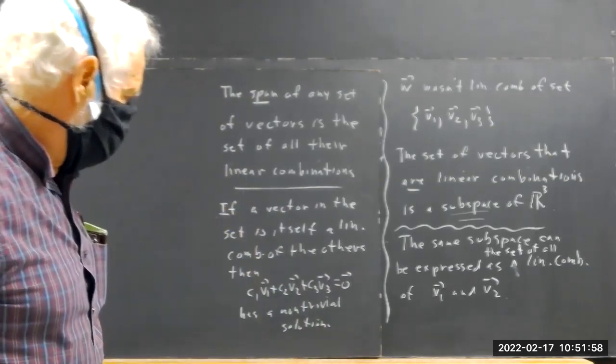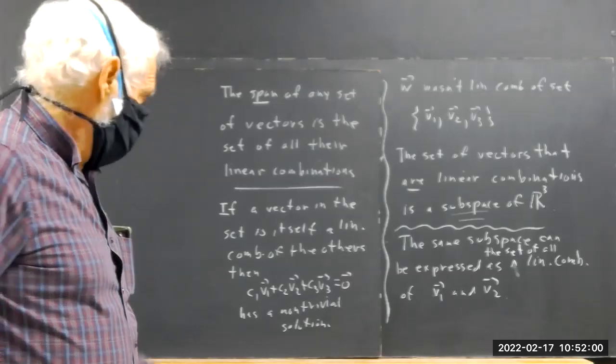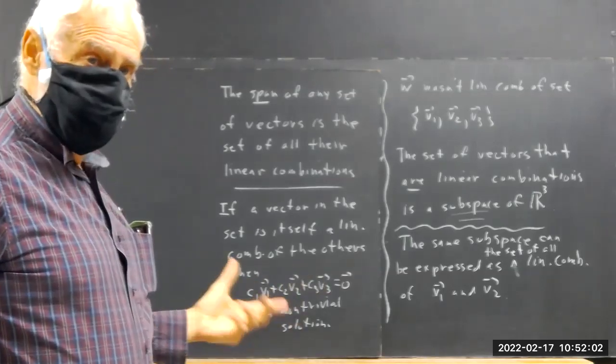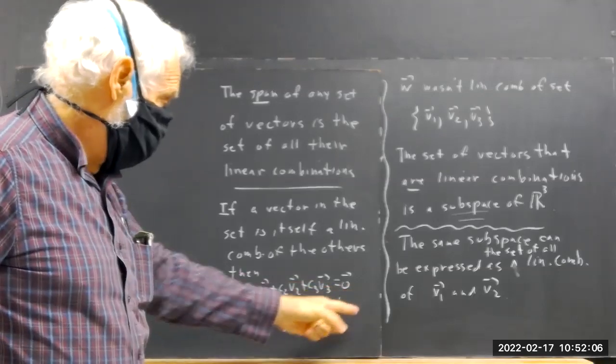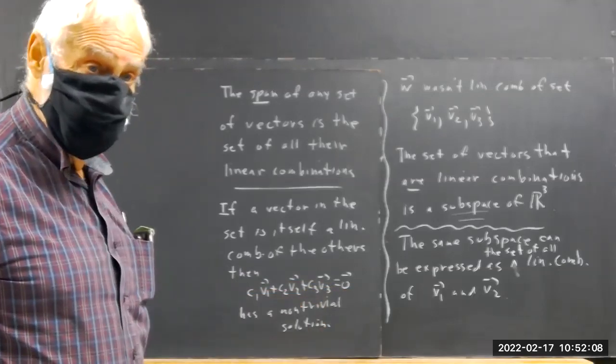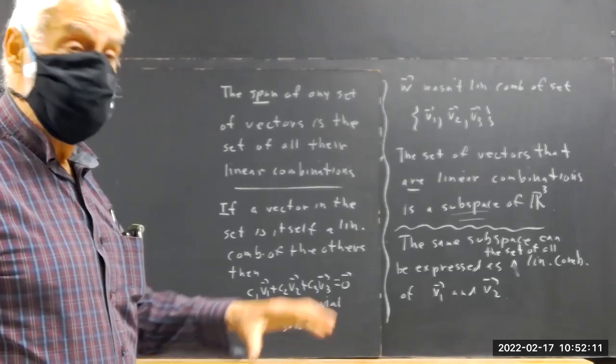I kind of alluded to this earlier. If one of these vectors is a linear combination of the others, then you can solve this equation for C1, C2, and C3, not all zero.